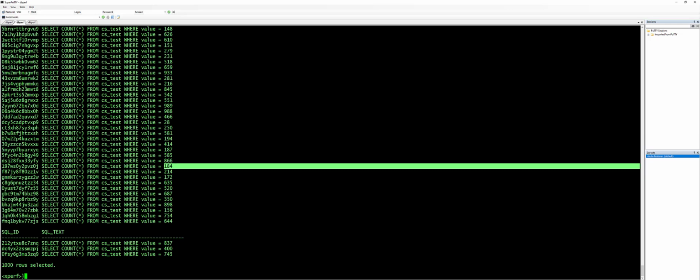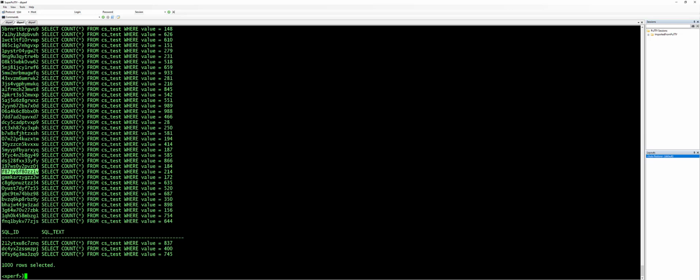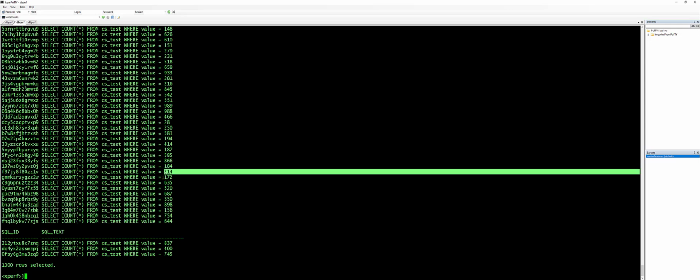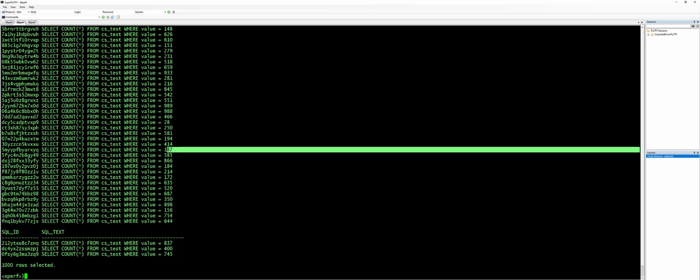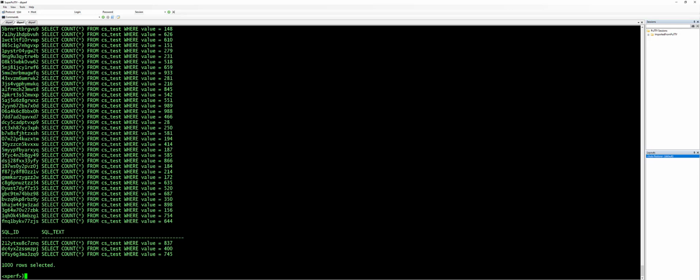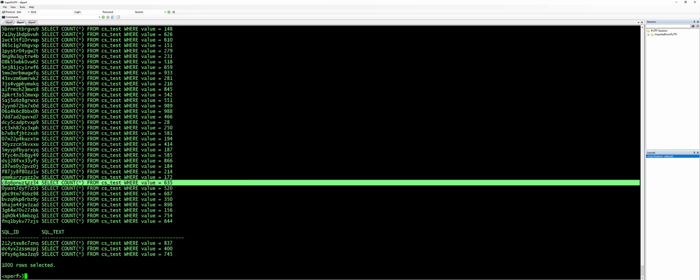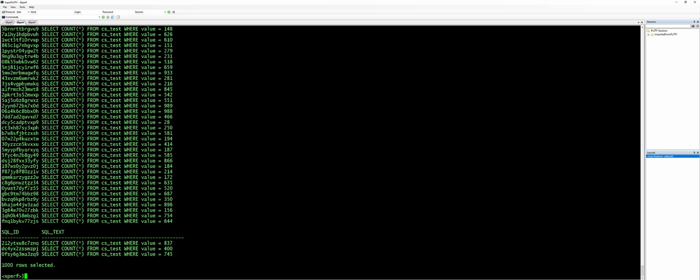And also we already know that the SQL ID will change even if there is a single space or a difference in the SQL text. So here obviously the numbers are different, so the SQL IDs will be completely different. So Oracle has to generate an additional hash value, additional SQL ID.